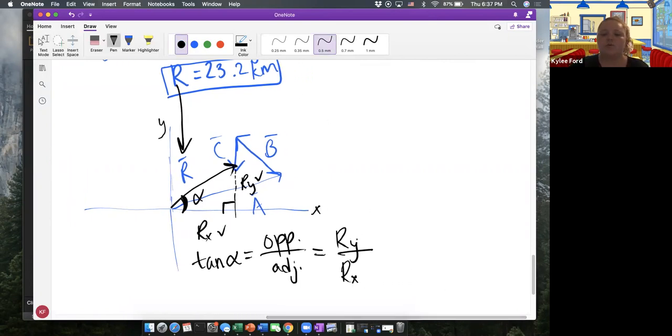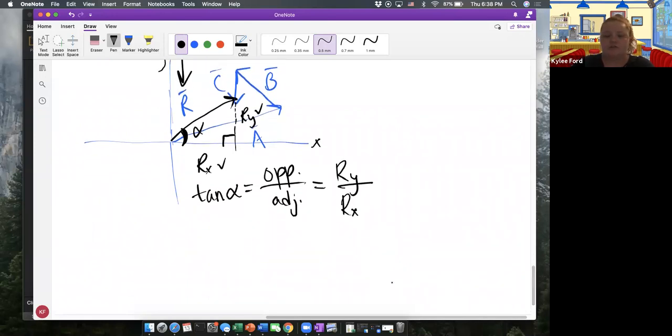Now, we can either put our numbers in now, or I can do a little bit of trigonometry and solve for alpha and then put my numbers in. That's the way I prefer to do it. I like to have all of my math done before I do the calculation. So tan of alpha equals Ry over Rx.